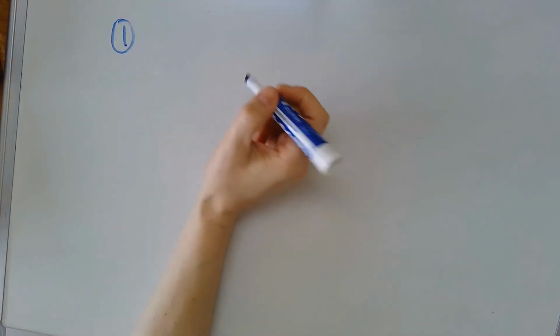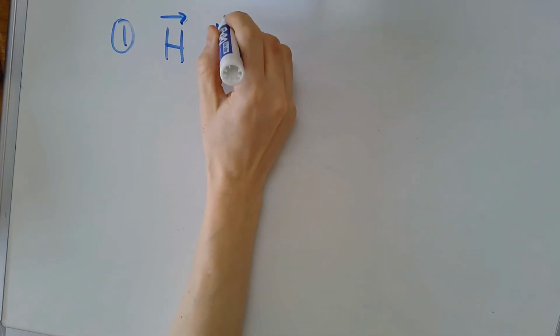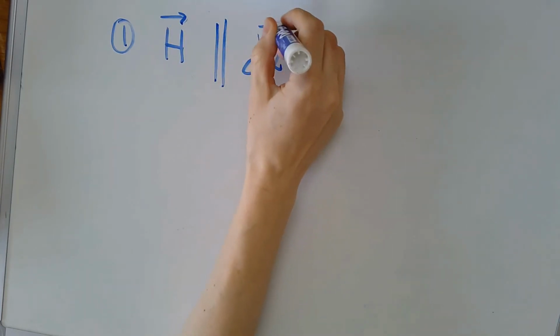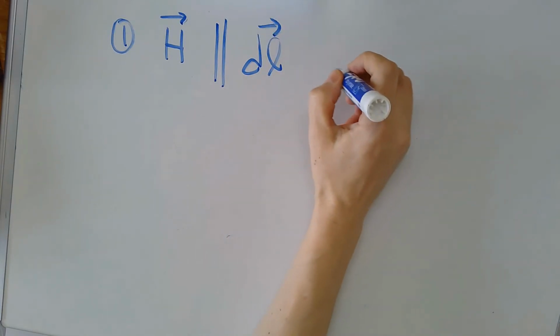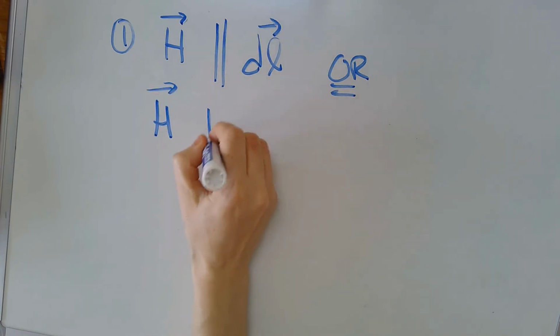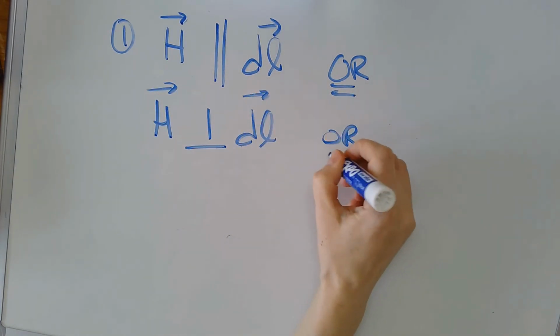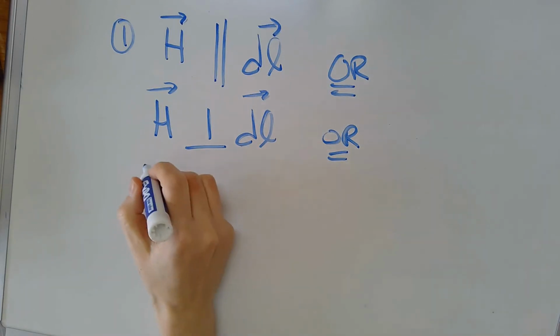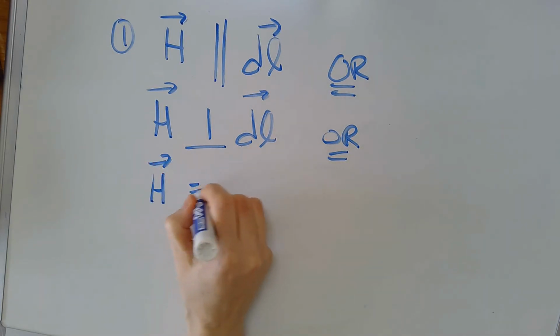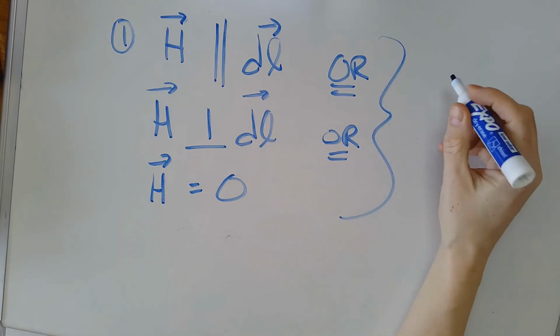1, we need the magnetic field parallel to dl, or magnetic field perpendicular to dl, or magnetic field equals 0 on the path.